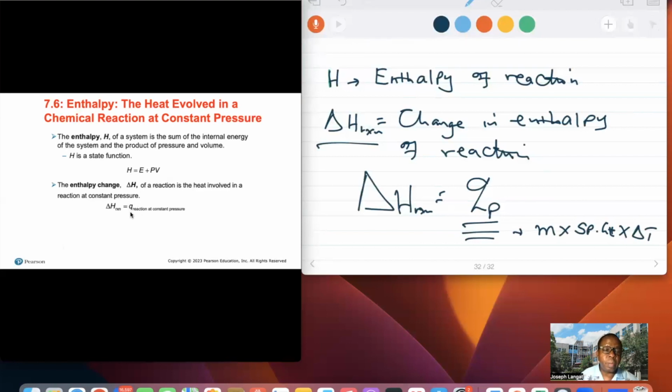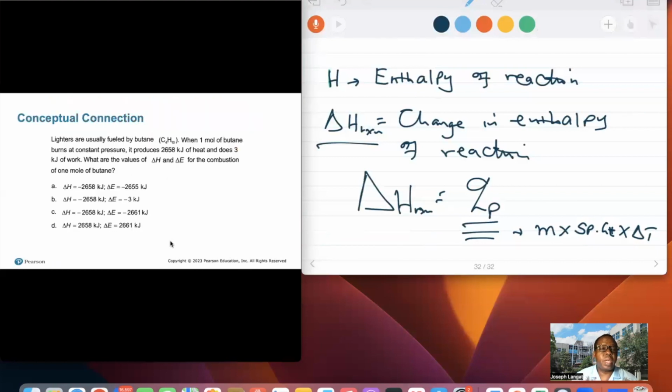Behind this is what I have on my whiteboard. You should be able to calculate that. Unlike the change in internal energy, where we measure both kinetic and potential, there is a small difference between the two, and sometimes they can be the same thing.